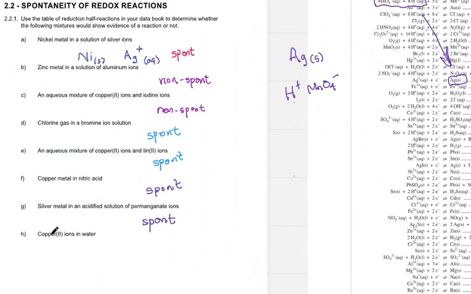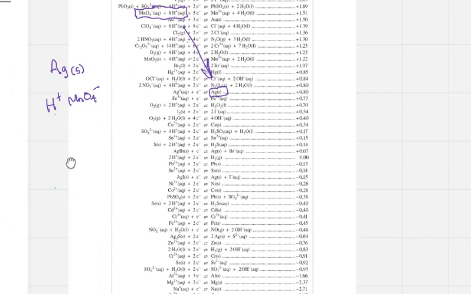And last one, copper 2 ions in water. Clear away the old stuff. Okay, so we have copper 2, we have H2O. If you read down the left, copper 2 is right there.